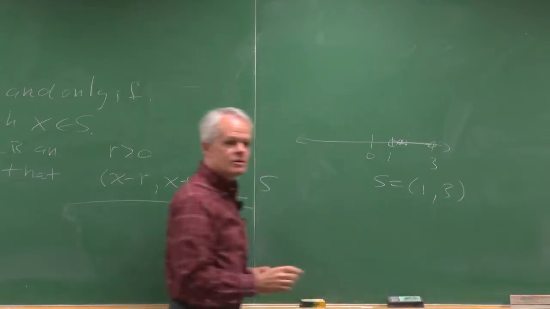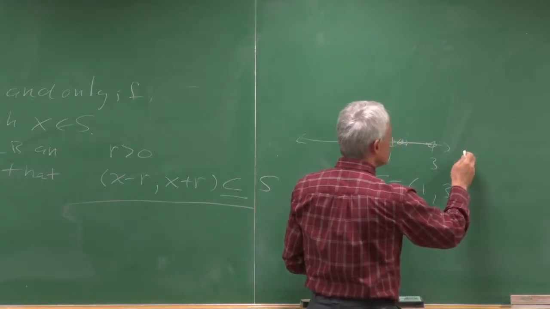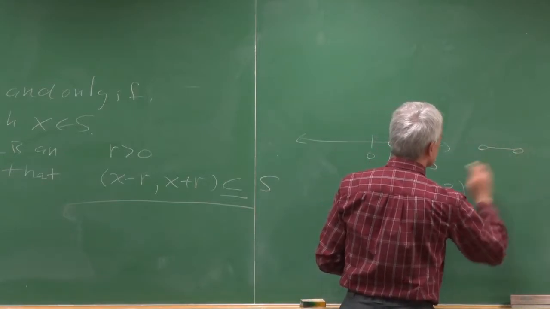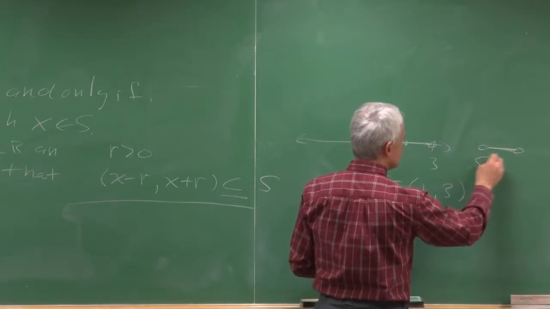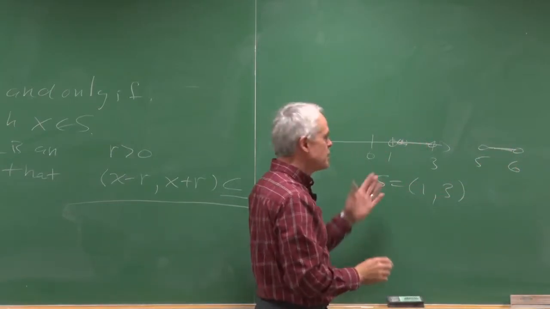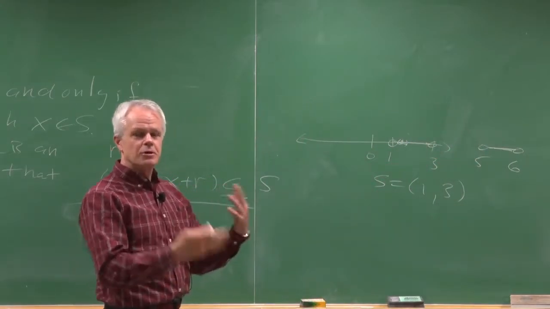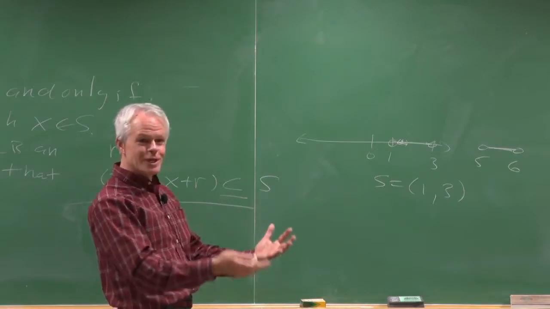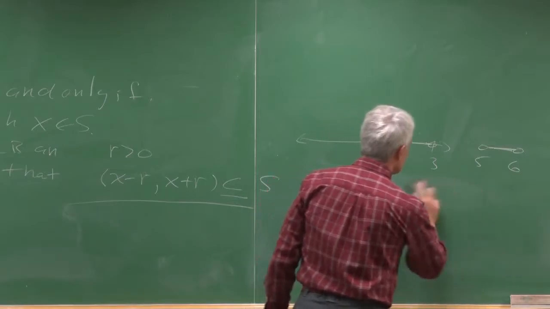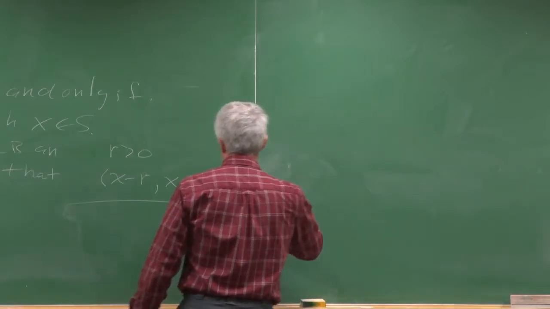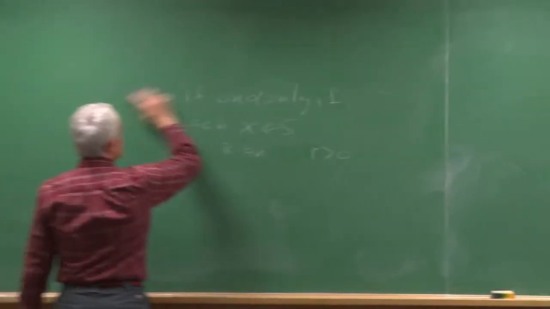But it could be put together out of several pieces. Maybe it's also going to have the interval from 5 to 6. The union of those is still an open set. I don't know how much you've talked about it, but the union of open sets is also an open set. But there are some unusual examples too.